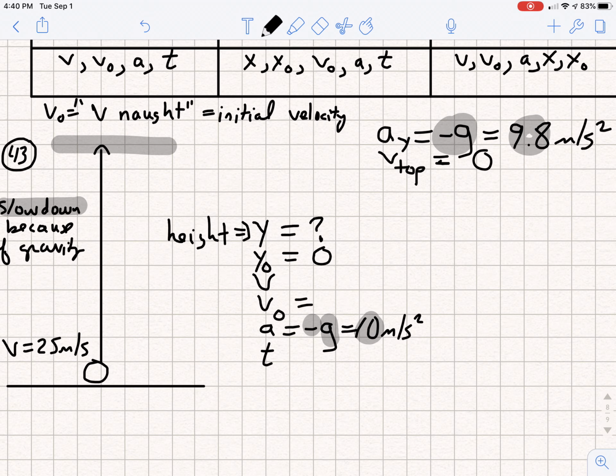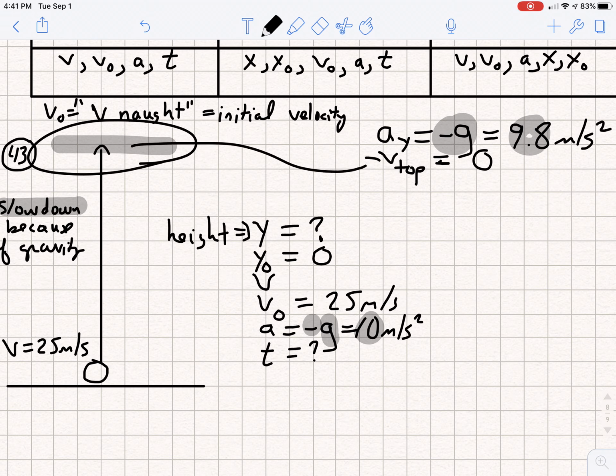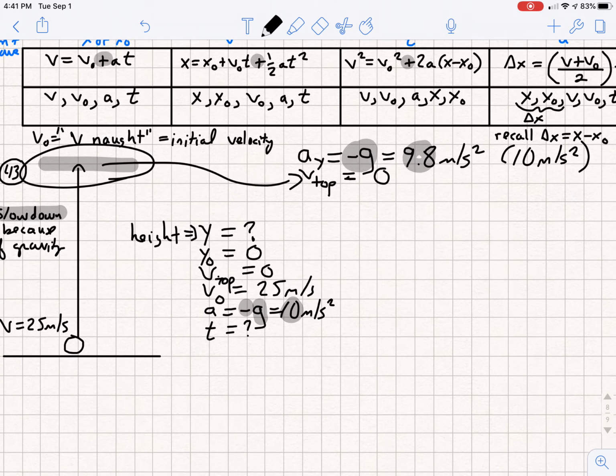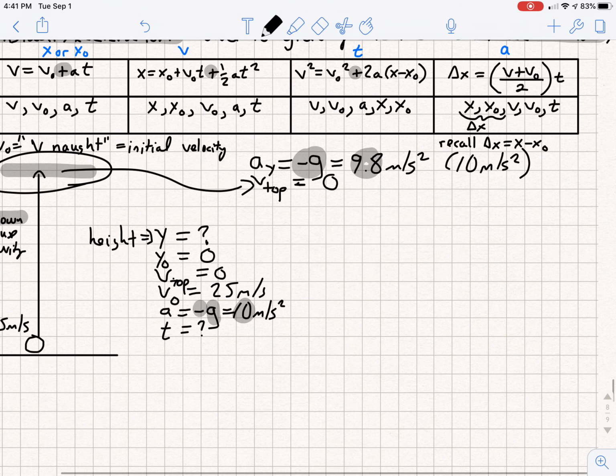V naught at the bottom is 25 meters per second. We don't know the time. And we do know the velocity at the top. The velocity at this highest point is 0. So velocity at the top is equal to 0.